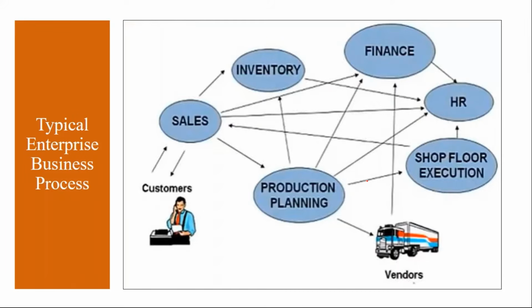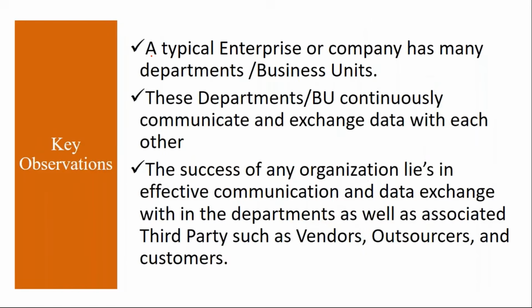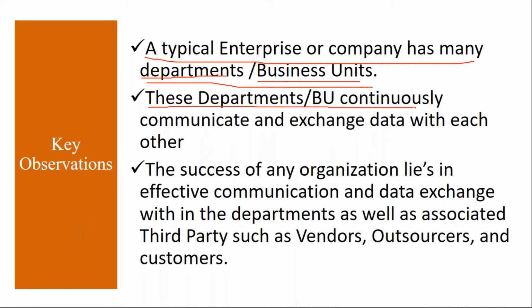So from this typical business process, what we understand is that a typical enterprise or company has many departments or business units. These departments or business units continuously communicate and exchange data with each other.